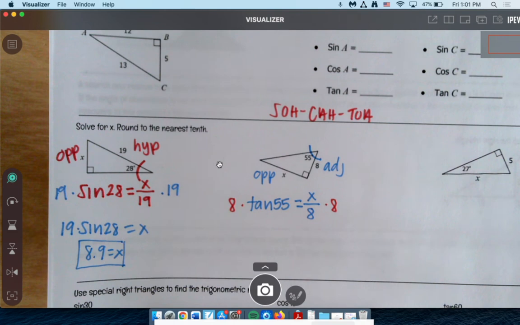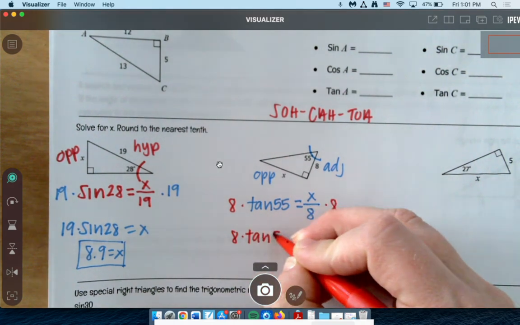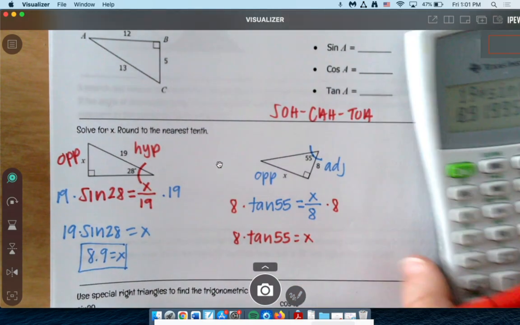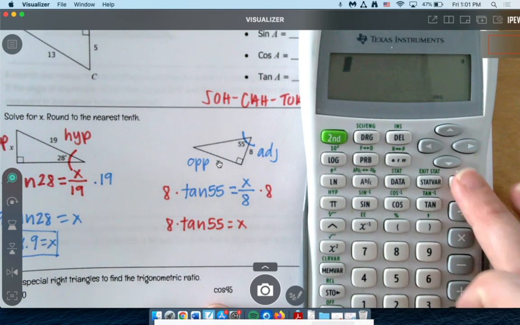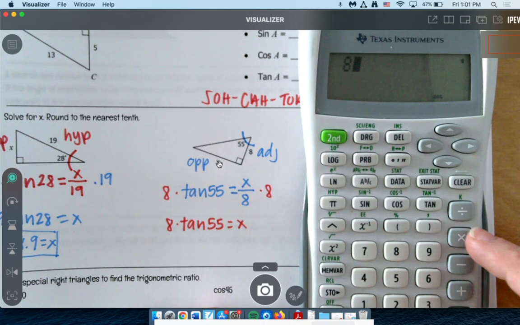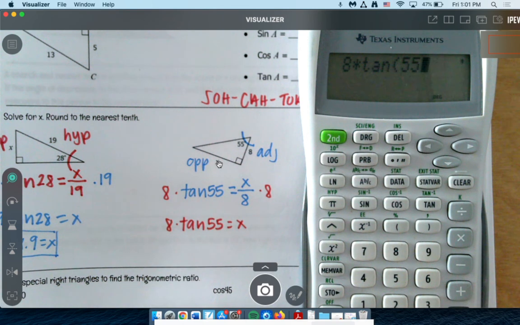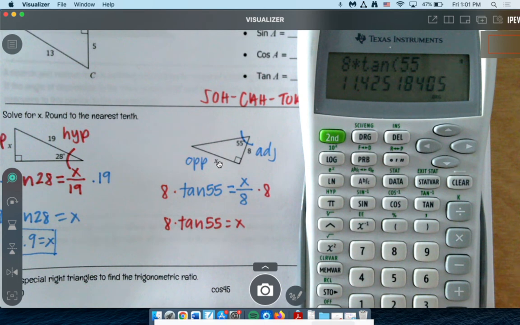So now we're going to have 8 times the tangent of 55 equals x. So again, grab your calculator. We're going to type in 8 times tangent of 55. And we should get 11.4. You guys with me? Did you get 11.4?